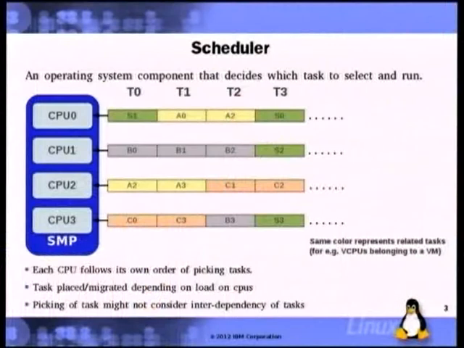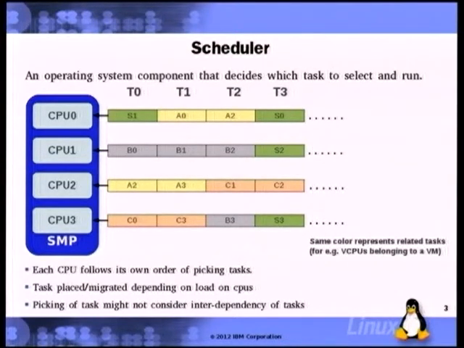Adding more CPUs basically gives us a lot more processing power, but it also adds a lot of complexity. Here we see that there are different colored boxes. The color basically represents that they are related tasks. They are placed on different CPUs depending on the load, as the load balancer would place them.